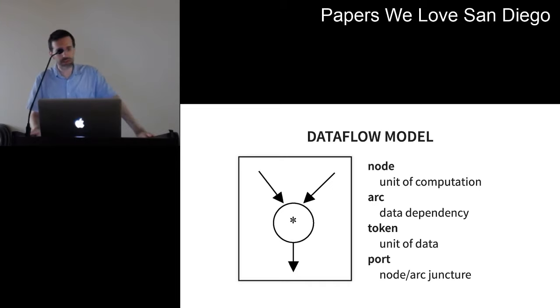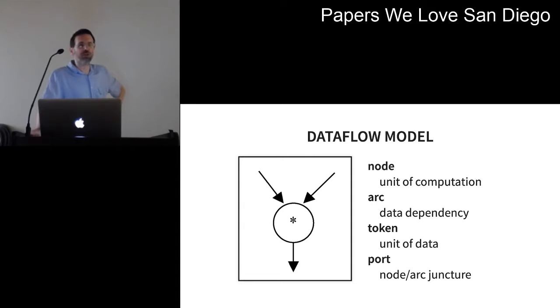A token is a unit of data of unspecified type and value, or more precisely, without regard to its type and value. And a port refers to the boundary between a node and an arc. So there are two types here: the input ports, which are at the top, where the input tokens are being received, and the output port where the output is placed.